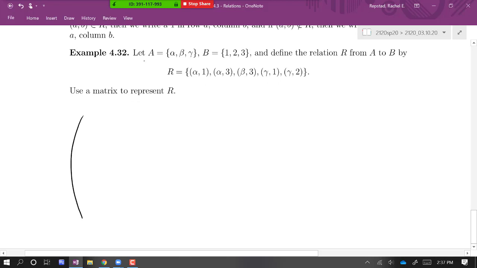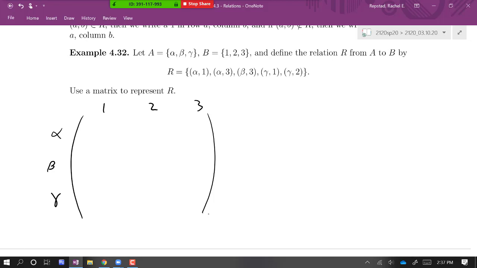The domain here is alpha, beta, gamma, so I'm going to have 3 rows: an alpha row, a beta row, and a gamma row. That's what we mean when we say index the rows by the domain elements. And we're going to index the columns by the codomain elements. That means I'm going to have a 1 column, a 2 column, and a 3 column. So I have a 3 by 3 matrix.